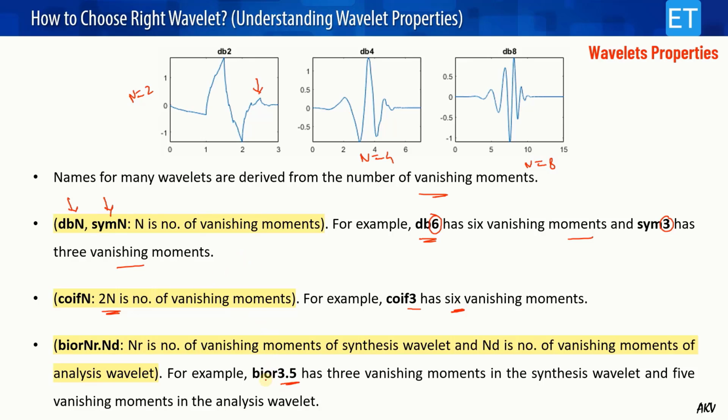So for example, in the case of bior 3.5, the 3 represents the vanishing moments for the wavelet used for synthesis, I mean the reconstruction, and the 5 represents the number of vanishing moments for the wavelet used in analysis, I mean the decomposition. So that is how we get the names of different wavelets from their number of vanishing moments.